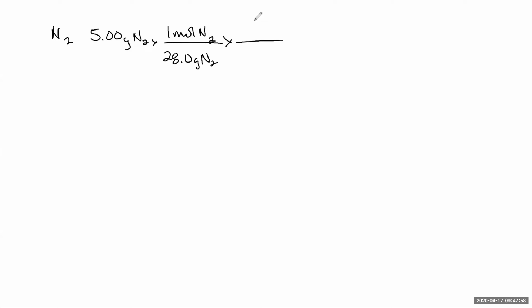And then from the balanced equation, it takes 1 mole of nitrogen to produce 2 moles of NH3. Did I write that right on the first equation? Geez, I hope I did.